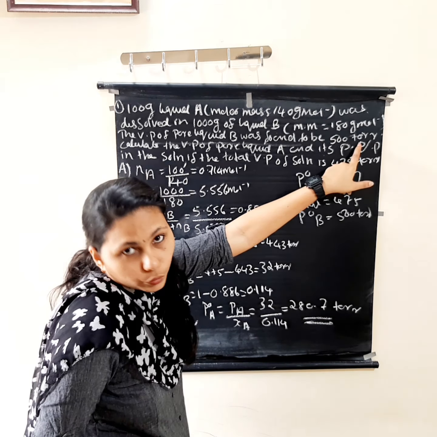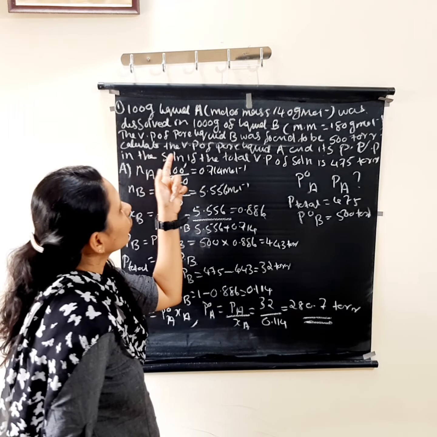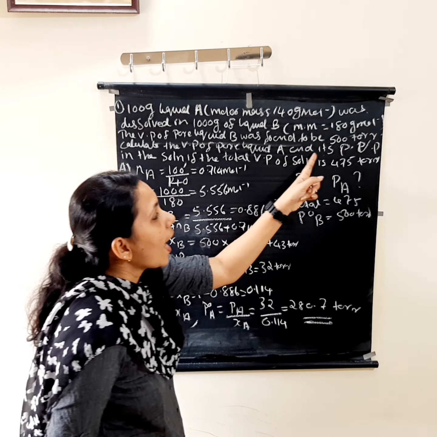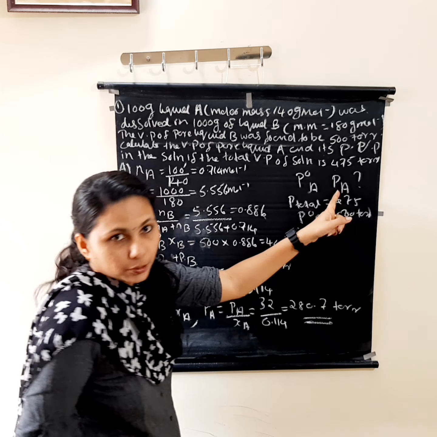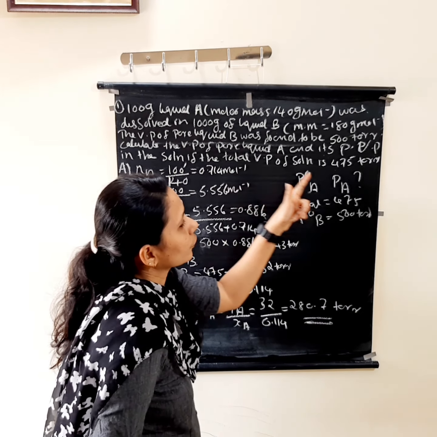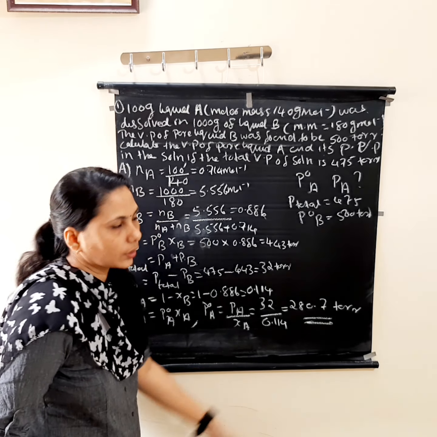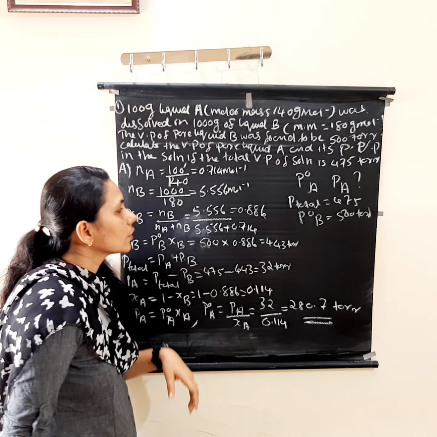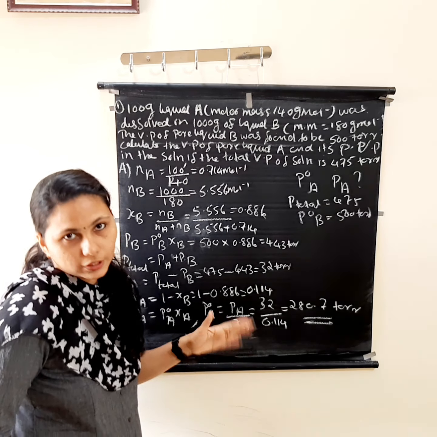Torr is the unit of pressure. Calculate the vapor pressure of pure liquid A, that is P0A, and its partial vapor pressure PA in the solution, if the total vapor pressure of the solution, P total, is given as 475 torr.